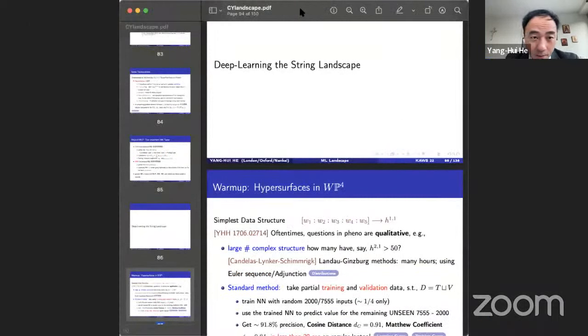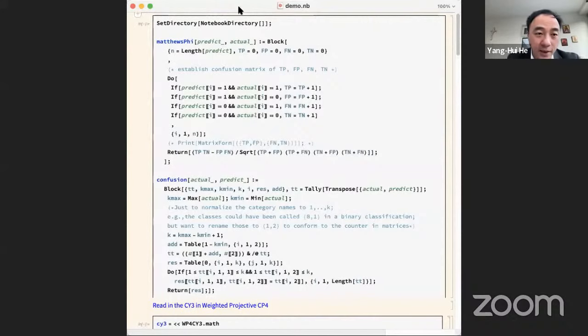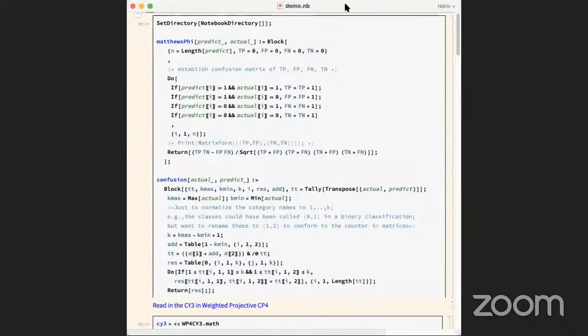So let me pull up, and I will email out this demo package together with the data so that everybody can see. So I'm opening up Mathematica, and I think I can share it with you guys. Can everybody see my screen now? Yes. Okay, good.